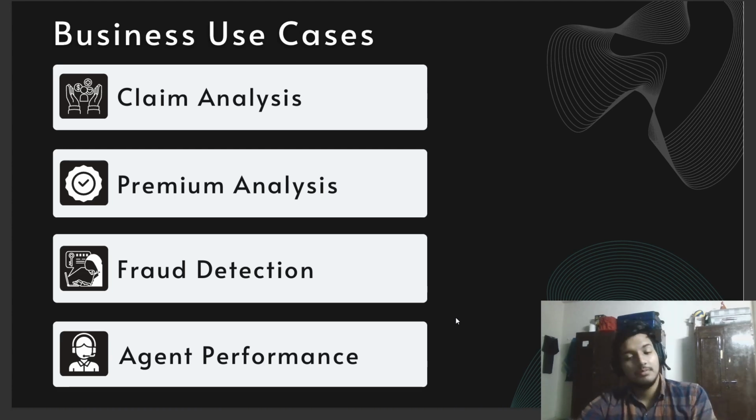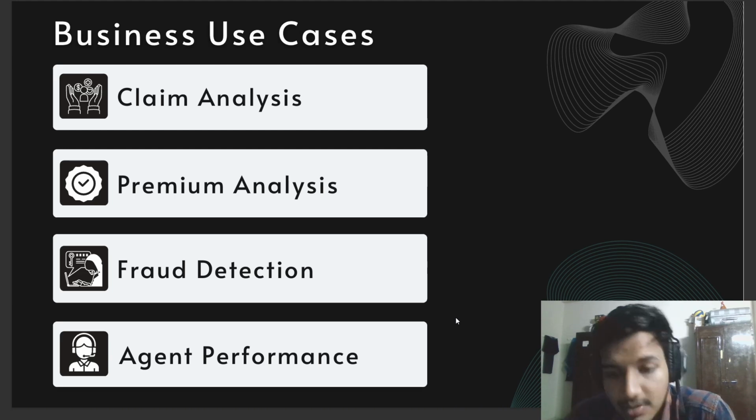And the second is premium analysis. Premium analysis is to track and analyze the customer premium payments over time and identify trends. It will help us to compare the whole trend of the company in the previous quarter and in this quarter, or how the customers are reacting to any sort of policy they are getting.